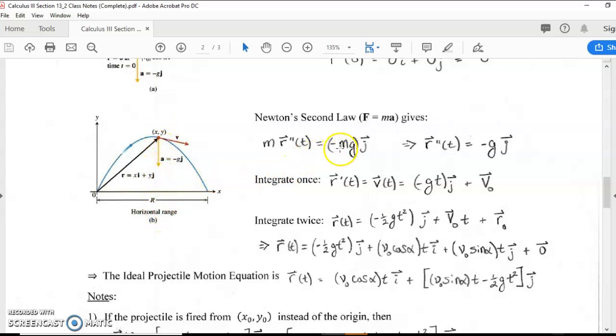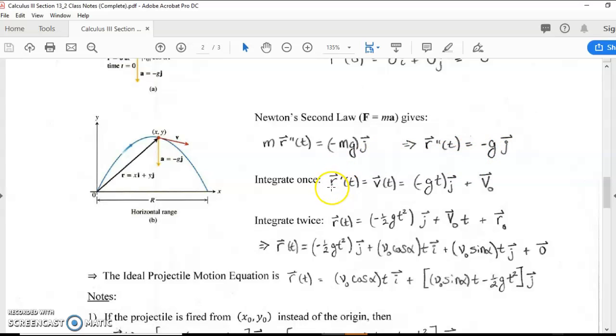So it's minus mg in the j direction, where g is the gravitational constant. Typically, we're using newtons and meters, so it's 9.8 meters per second squared. The acceleration then, if I divide by m, we can see that the acceleration, or r double prime of t, is minus g in the j direction.